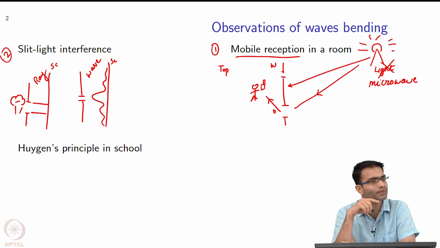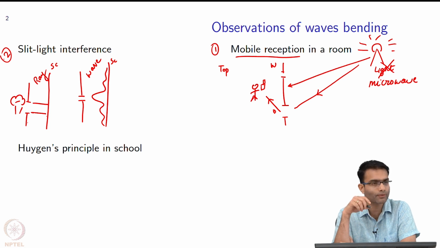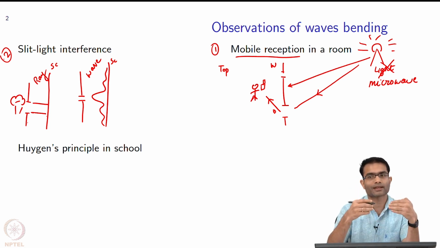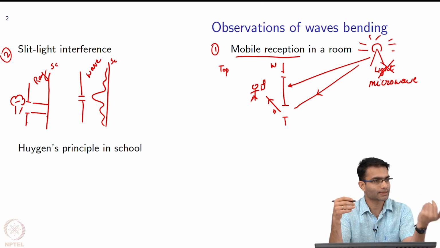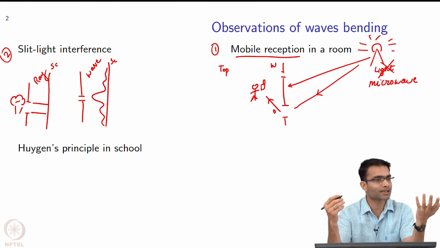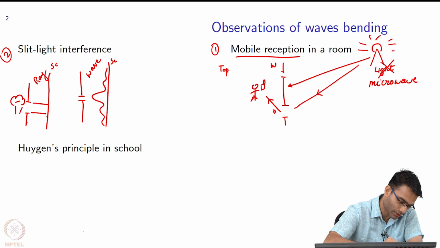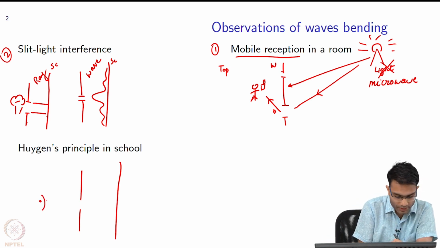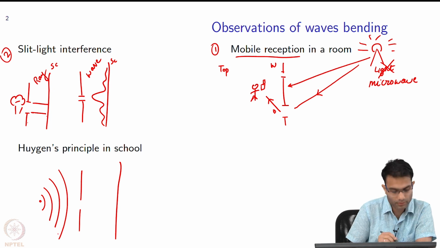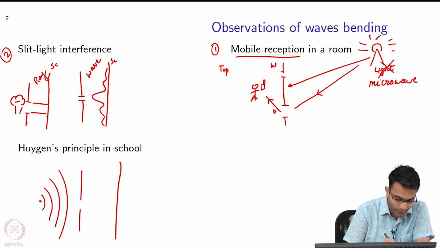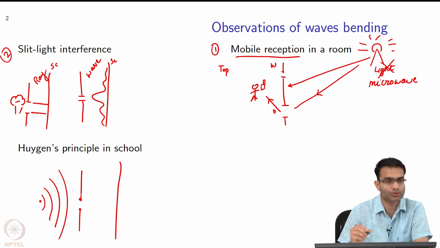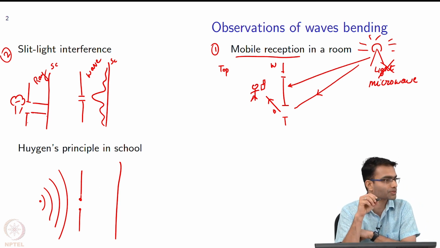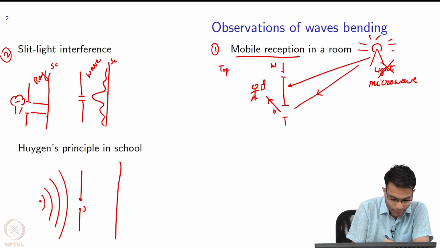Did everyone come across this word in school? The idea was that there is a wave that travels, hits some obstacle, in this case the slit, and there are secondary waves that are generated. If I just draw this over here, if I take a light source over here which is sending out waves, so these are the wave fronts. When it hits over here, these two points become like secondary sources and they start emitting their own waves.